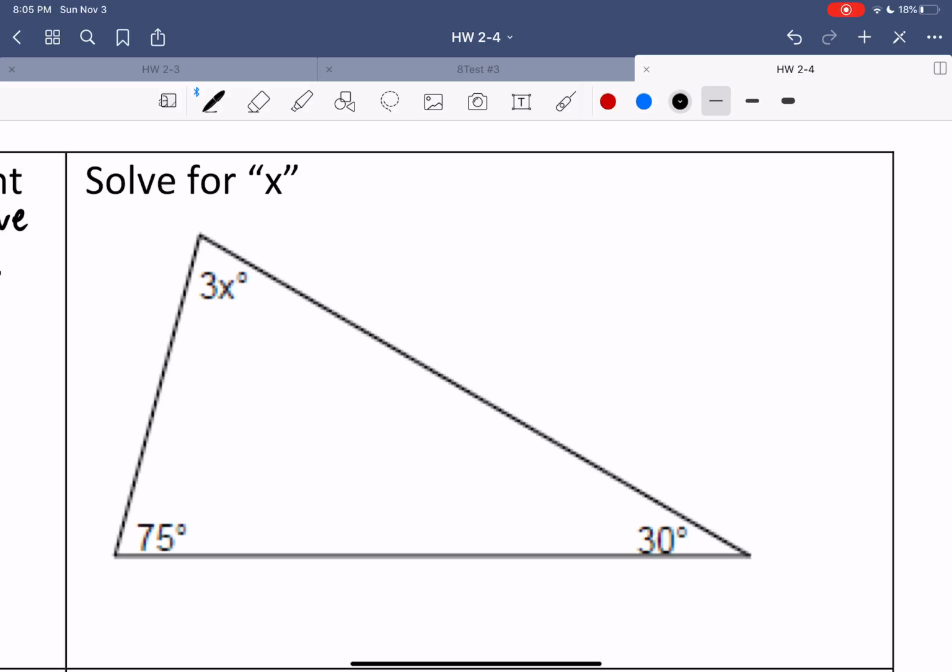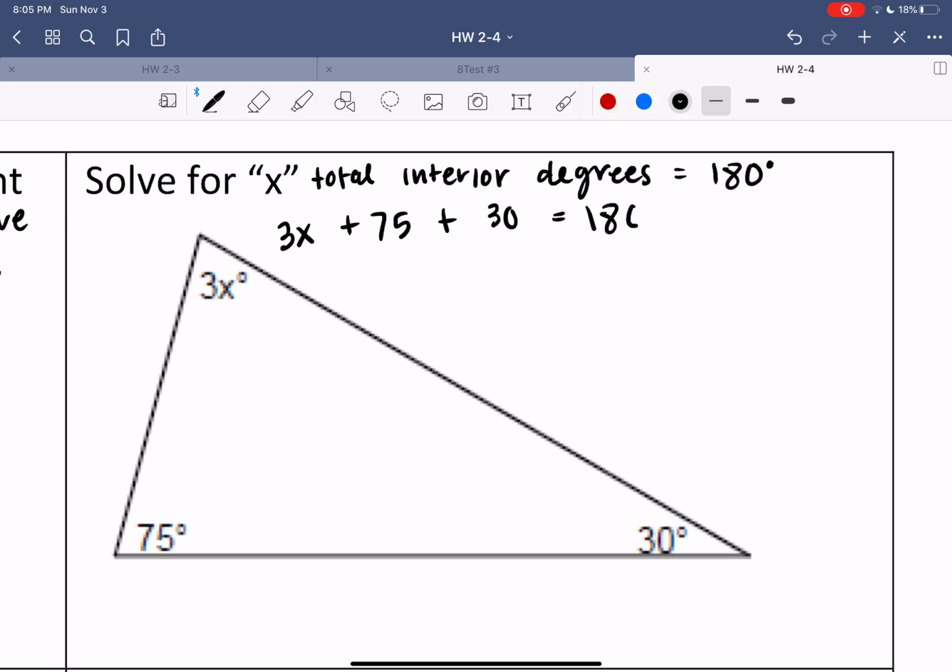So when we're looking for the x number of degrees, the total interior degrees equals 180. So we can add up the sum of our angles, so 3x plus 75 plus 30 equals 180.